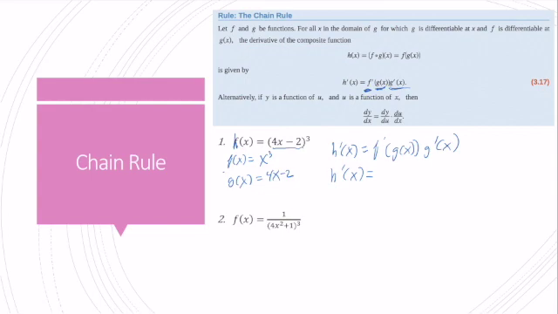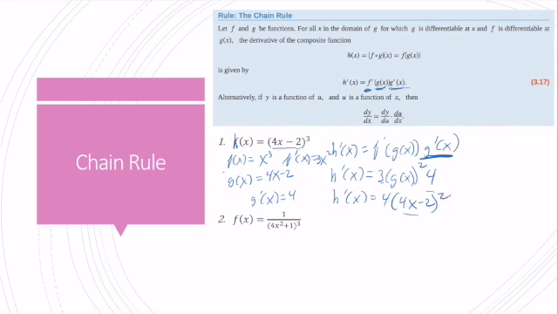So that gives me 3 g of x squared times the derivative of g of x, which is 4x minus 2. So g prime of x is just 4. I'm going to go ahead and write f of x for you, which is 3x squared, times g prime of x, which is just 4. So now I have h prime of x equals, let's combine like terms, 4 times 4x minus 2, we're substituting g of x back in, squared.